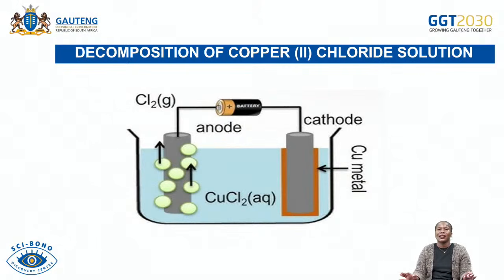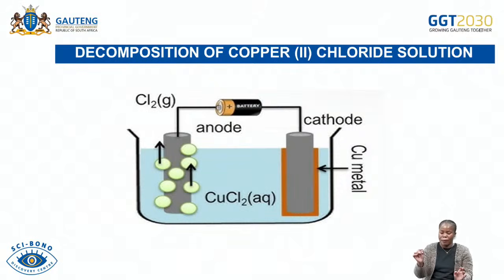With your electrolytic cell, the most important component that we have to take note of is a power supply. It could be a cell, it could be a battery, but there has to be a power supply. Then we've got two electrodes, your anode and your cathode.